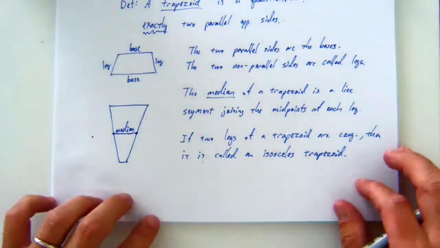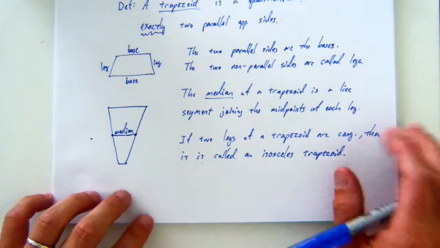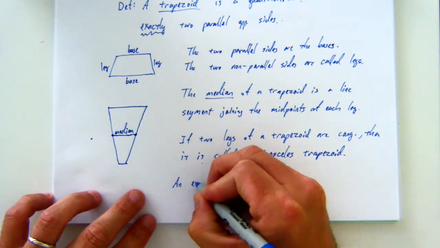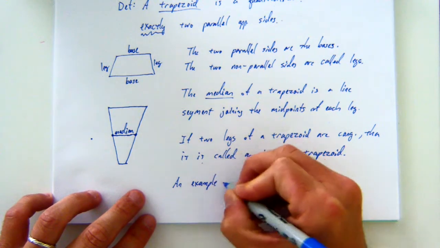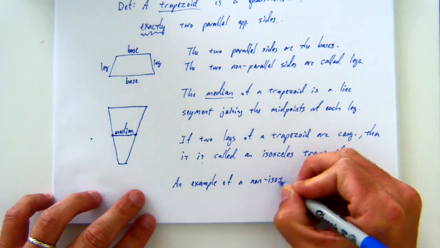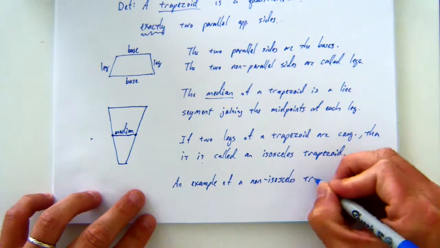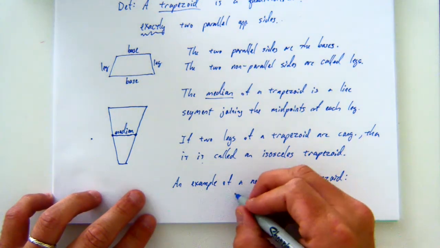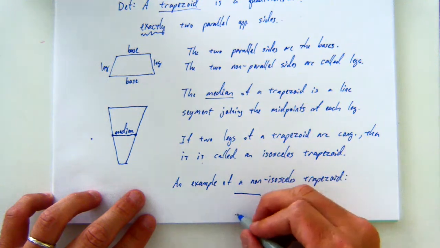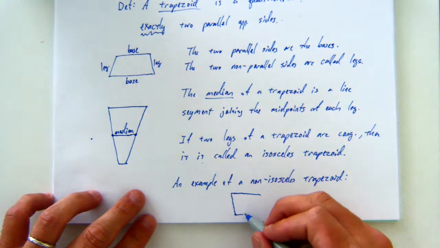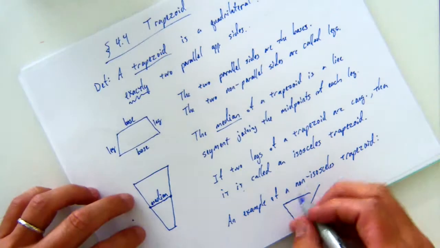Here's an example of a non-isosceles trapezoid. So let's have a couple of parallel sides, and then we could have something like this. This guy goes over here, and maybe this guy goes way out here.